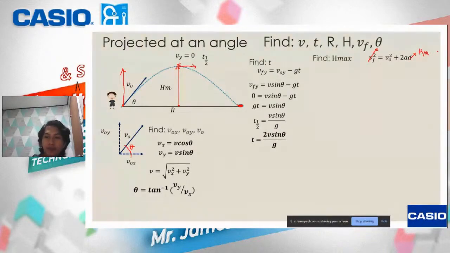So we have this kind of equation: 0, since we reach the maximum height, equals our initial velocity along y, v sine theta, squared, minus 2g h max.